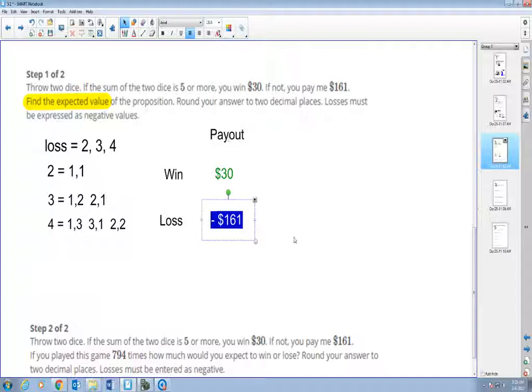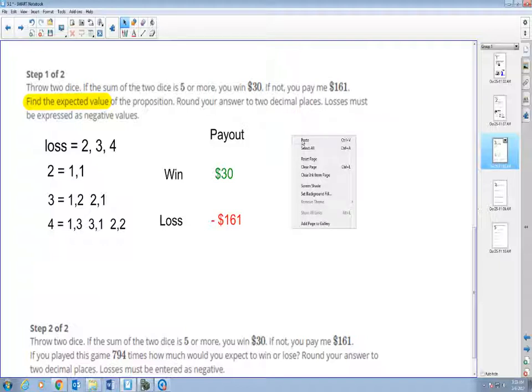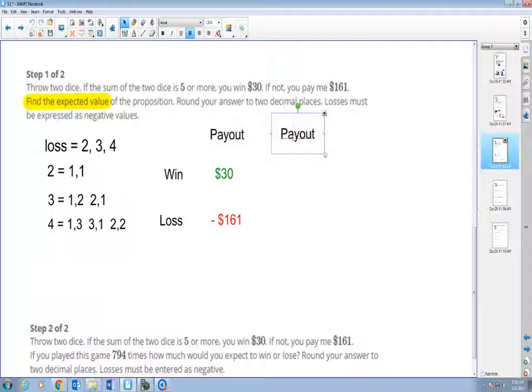I'll put that in red. Alright, what is your probability? Of the payout? Alright, let's see. Probability of the payout, you win.